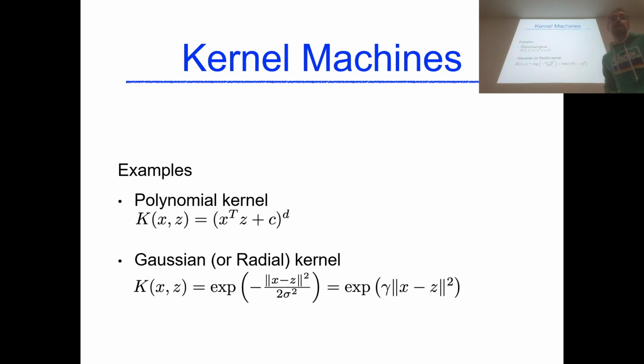And you can have many kinds of kernels. Here there is a simple example, a polynomial kernel or a Gaussian kernel. It is also usually called a radial kernel. Choose whatever function you want, okay? Of course, it should be nonlinear if you want to go beyond linear separation.